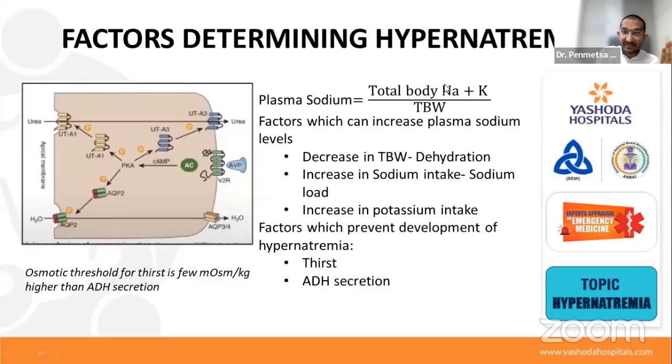So what are the clinical features? Anyone who is hypernatremic has a high osmolality, so their thirst system is enhanced, and therefore these patients will have intense thirst. They keep drinking water again and again. However, patients who are old, ventilated patients, and those who don't have access to water, will become more symptomatic.